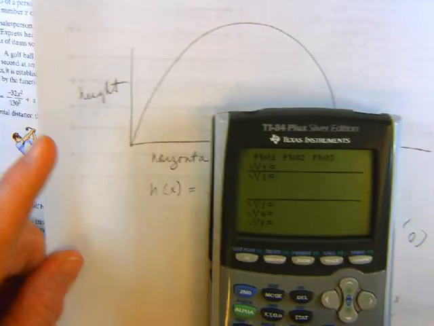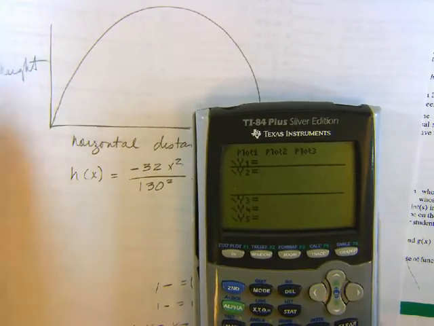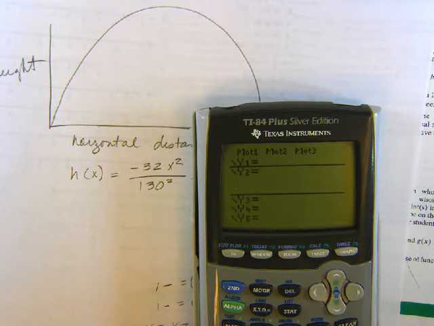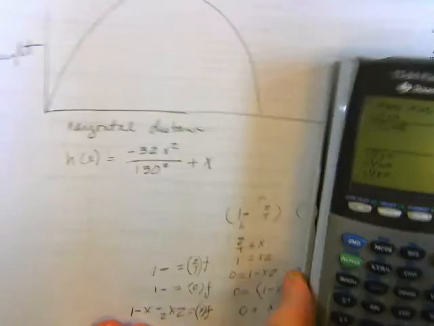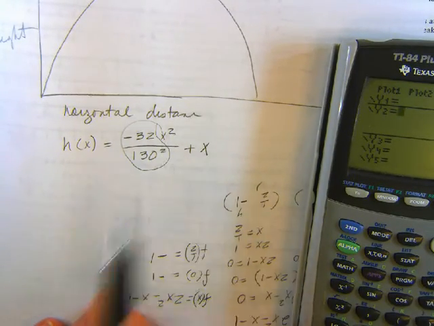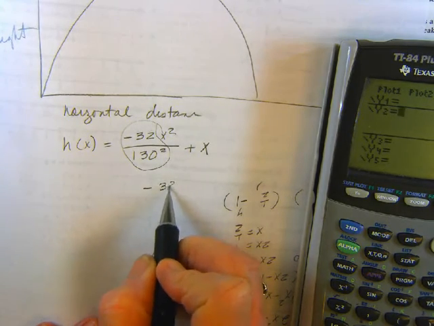Now here comes the interesting thing about entering this function. How are you going to do it? How could you do this? Could you make it look any more like a quadratic equation? In other words, can I write this as my coefficient? Could I put negative 32 over 130 squared, x squared?